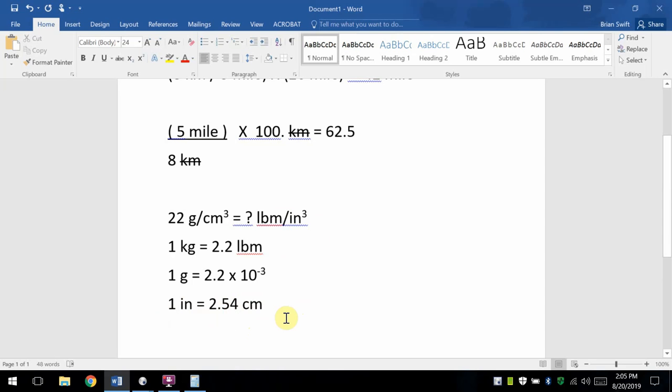So let's write the unit conversion factor. Since the inch is in the denominator, in the unit conversion factor it'll have to be in the numerator. So it's going to be 1 inch divided by 2.54 centimeters.